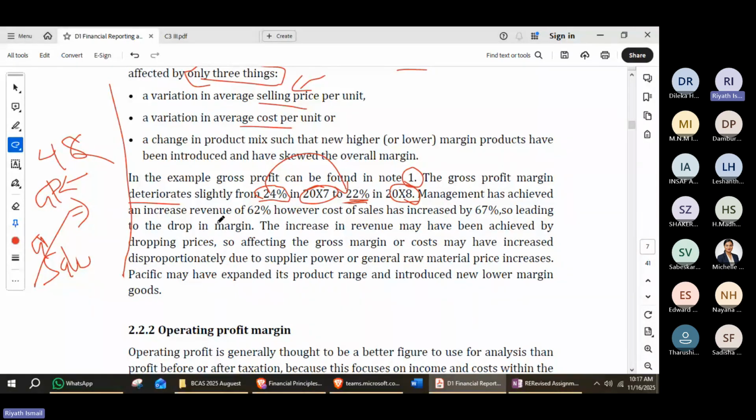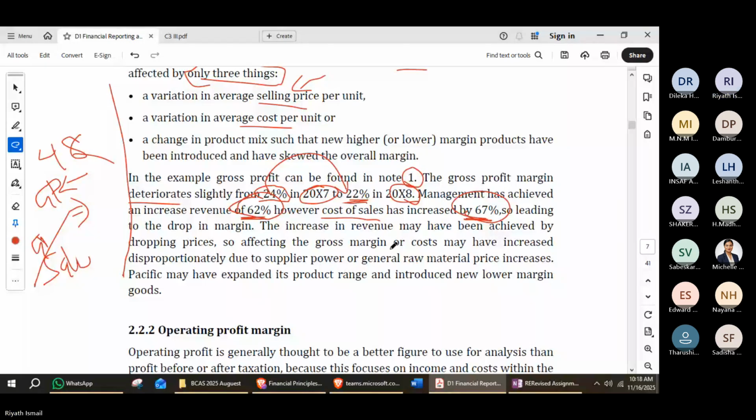Management has achieved increased revenue of 62%, right? Compared to last year, this year's sales revenue has increased by 62%. However, cost of sales has increased by 67%. You see, sales increased by 62, but cost of sales increased by 67.